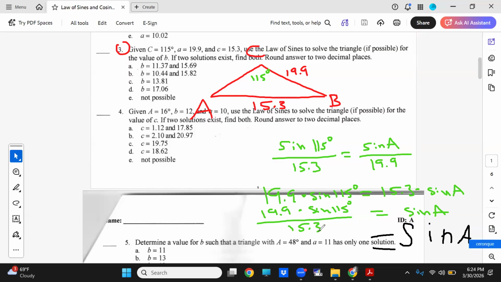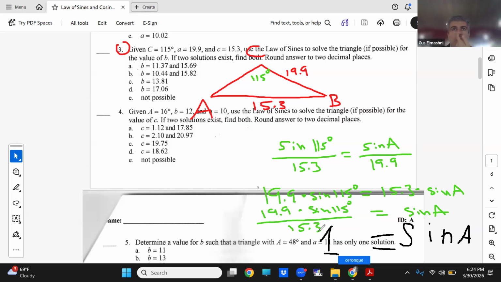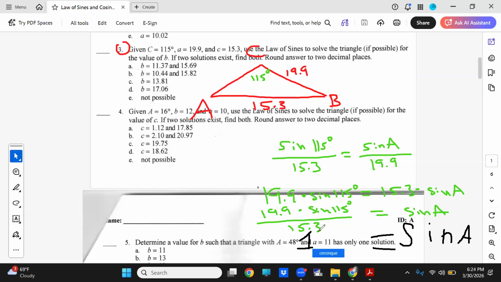I got 1 point. Oh, I wrote two equals 1.1.